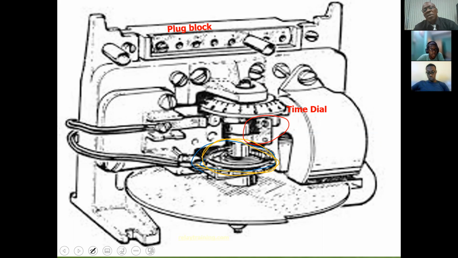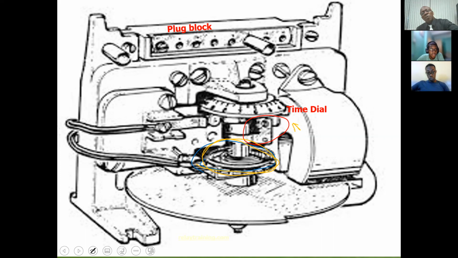There's a fixed contact behind all of this, so you can't see it, but it's somewhere back there. The disk moves, it brings it towards the fixed contact. If the condition is removed, then the spring brings the movable contact back to its rest position.